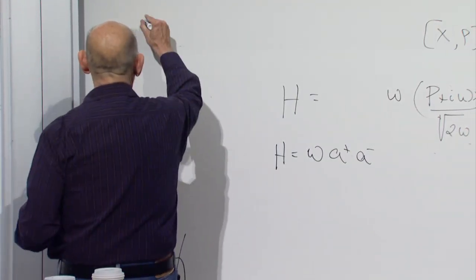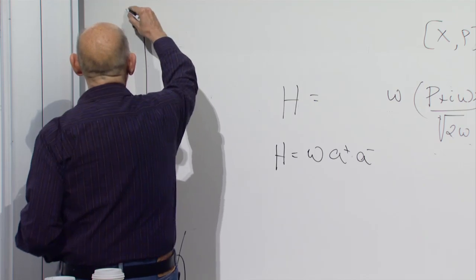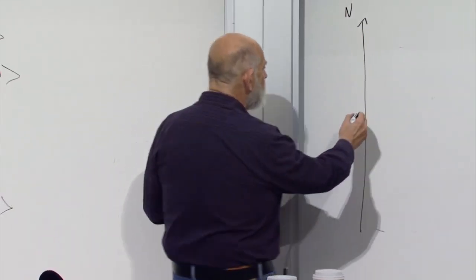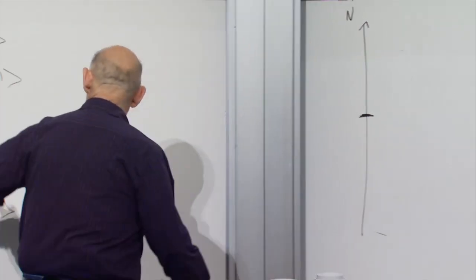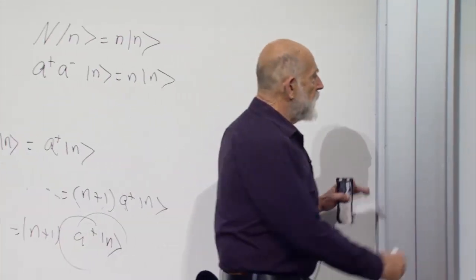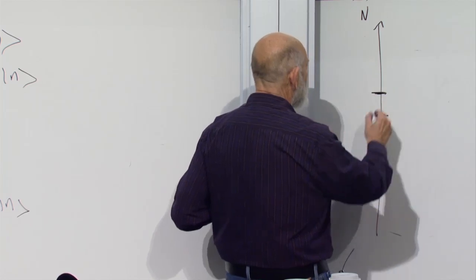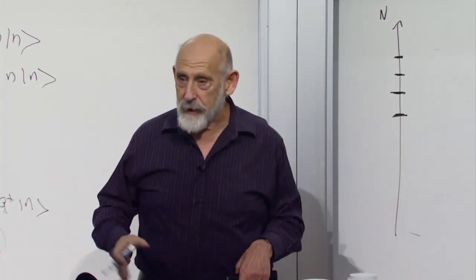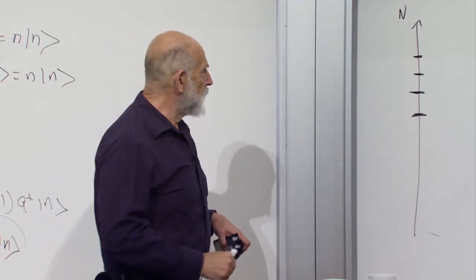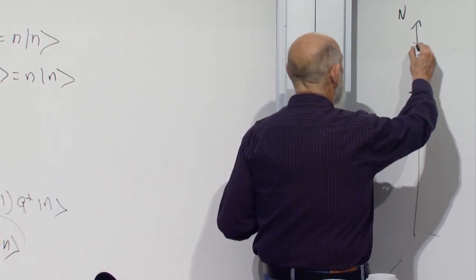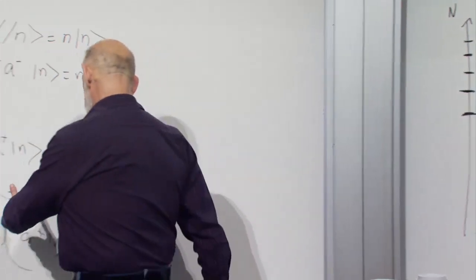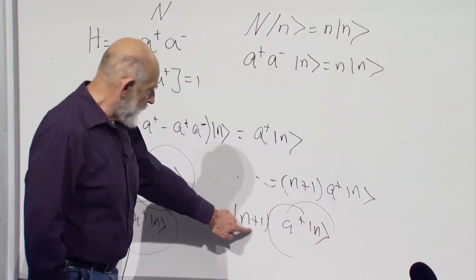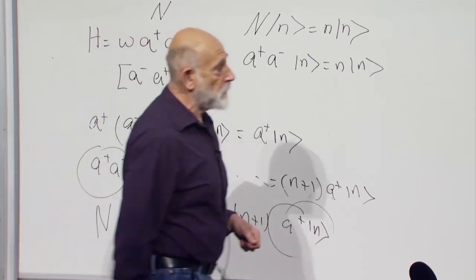If I plot on the vertical axis here the eigenvalues of N, then if I find one, little n, there's another one above it, and another one above it, and another one above it, unless, of course, I run out. But we're going to prove that we can't run out. Each one is shifted by 1 unit: n plus 1, n plus 2, and so forth.